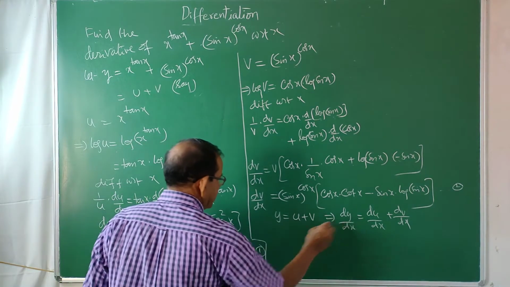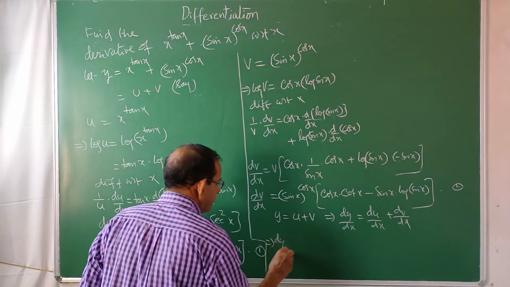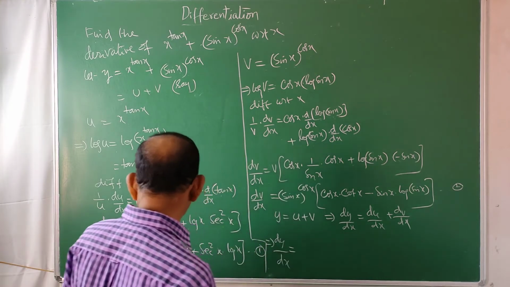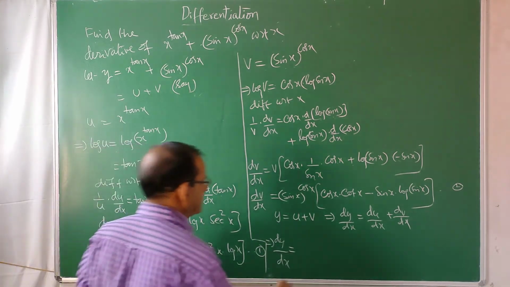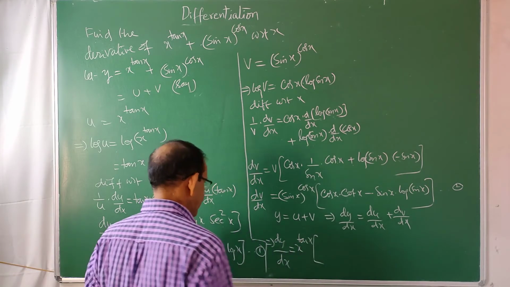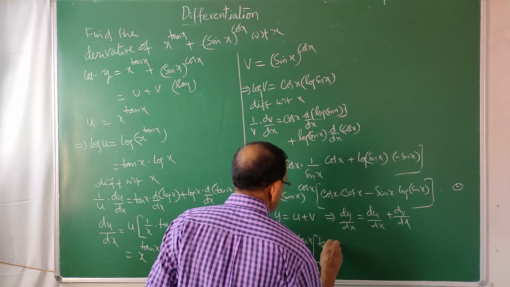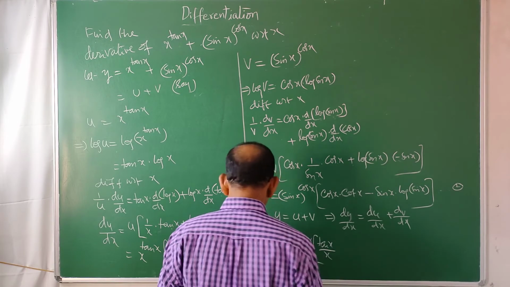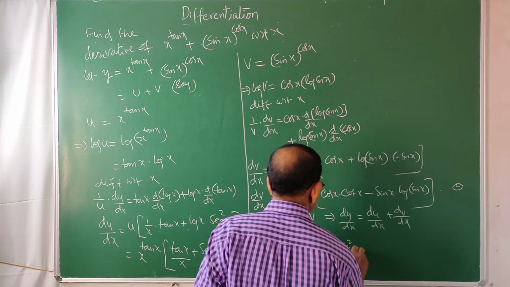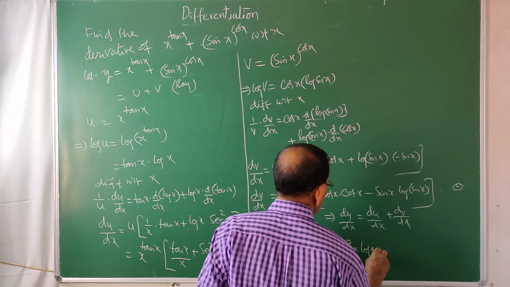Therefore, dy by dx is equal to, first you write du by dx from this: x power tan x into (tan x by x plus secant square x into log x).